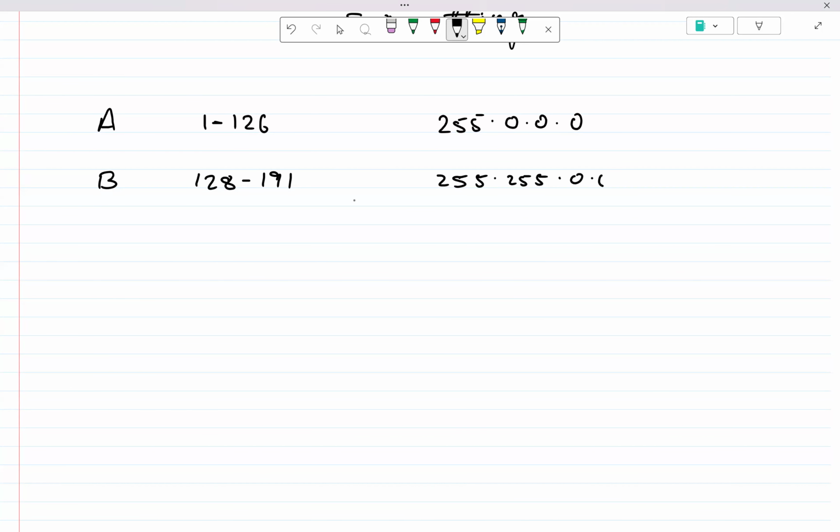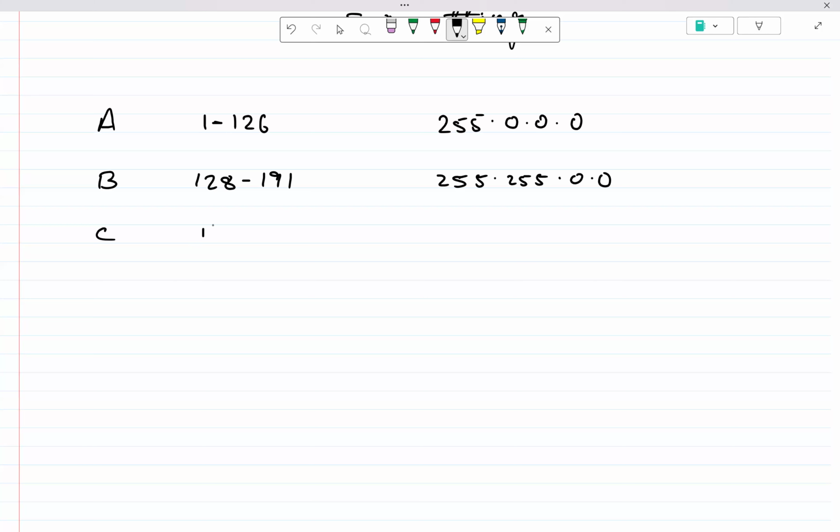When I say break the rules, in class A, we know that a class A IP address will start from 1 till 126, and the default address mask is 255.0.0.0. For class B, the IP address will start from 128 till 191, and it will have an address mask of 255.255.0.0.